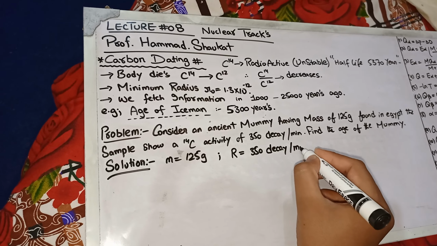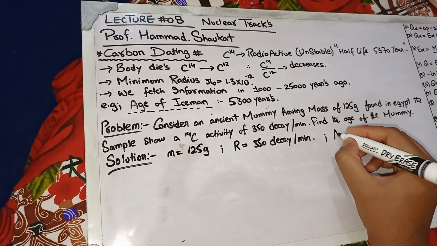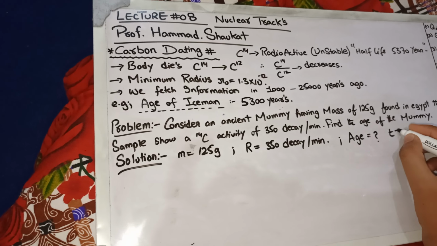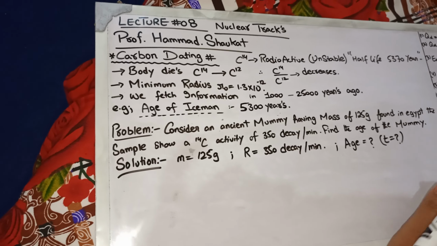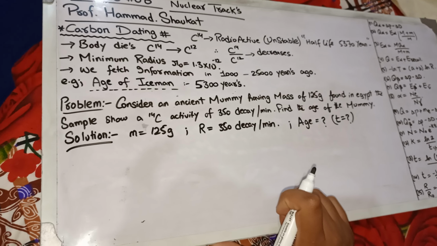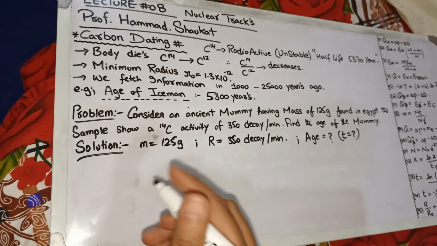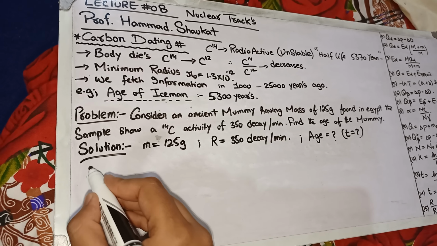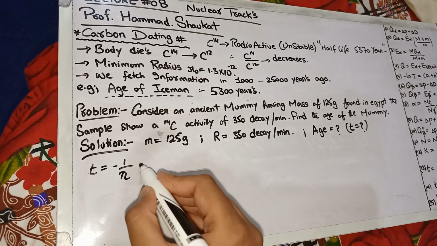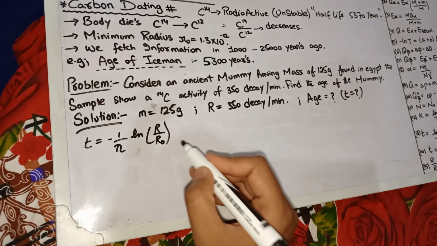You have to find the age of that mummy, meaning the time t. You know that our final relation is t equals minus 1 over lambda times ln of R divided by R naught.